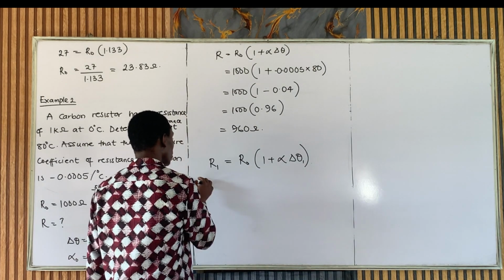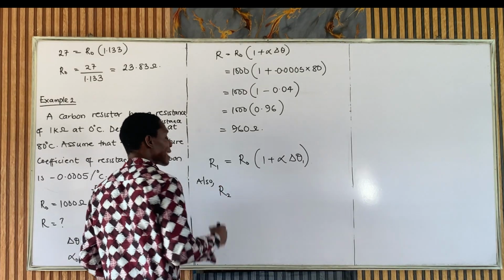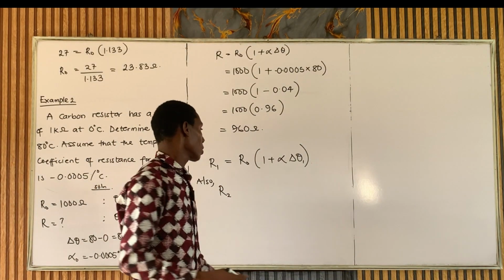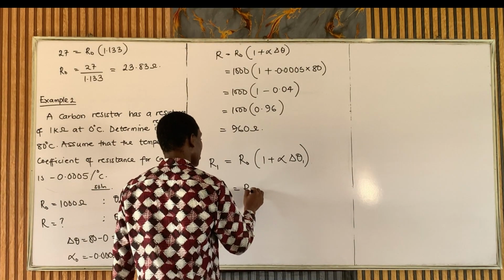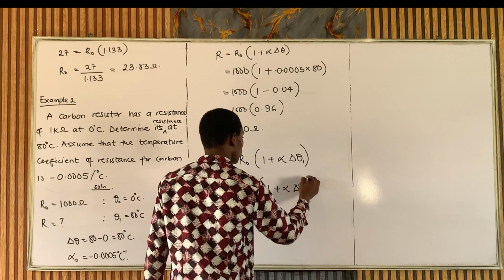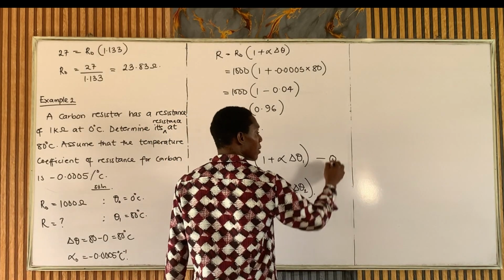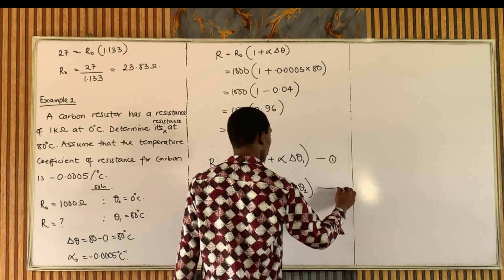Again, also we know that the resistance at another temperature, theta 2, would be R naught into bracket 1 plus alpha change in theta 2. Now we can call this equation 1, and we can call this equation 2.